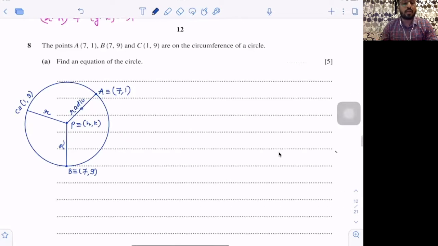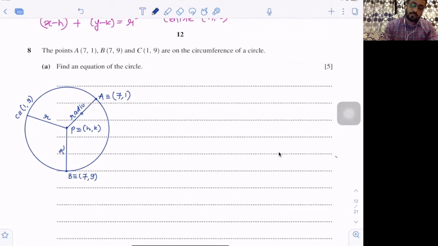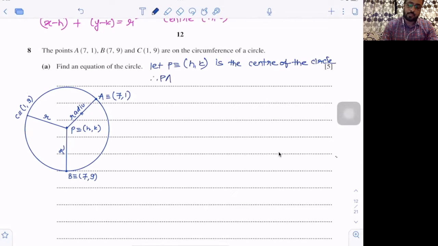I am now trying to find the coordinates of the center of the circle. Let P(h, k) be the center of the circle. Therefore I can say PA = PB = PC.